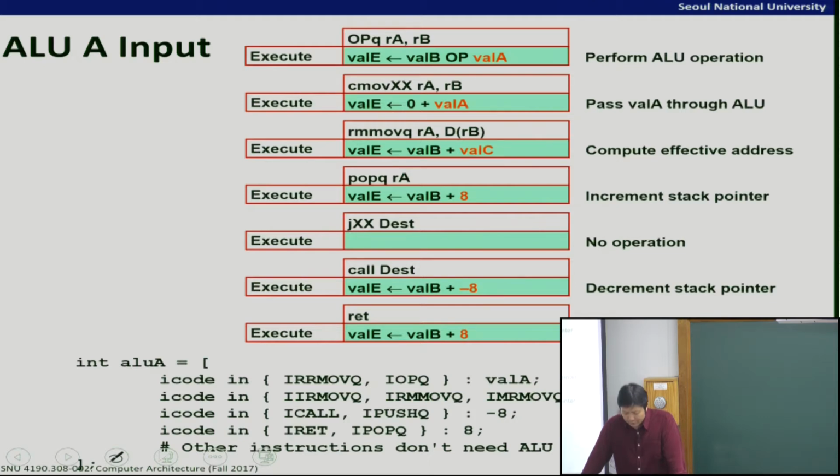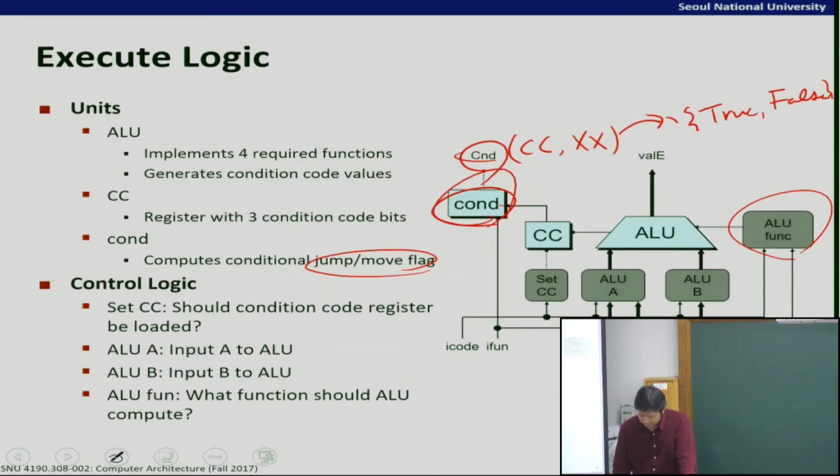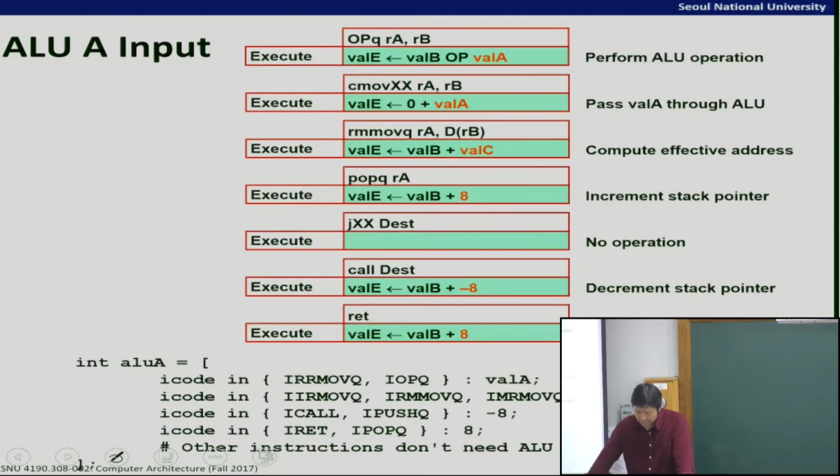So let's think about this ALU A input first. This is basically all the cases we need to handle over different instructions. For example, if you have an OPQ instruction, then the first input will be val A. If you have an RM move Q instruction, then the first input to the ALU must be val C, and so on.